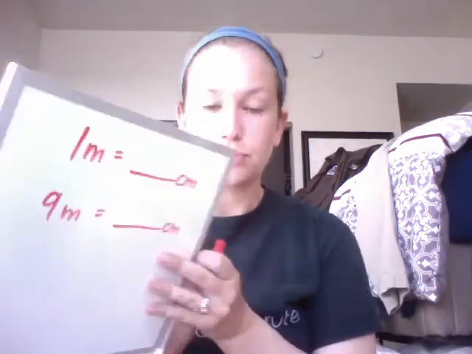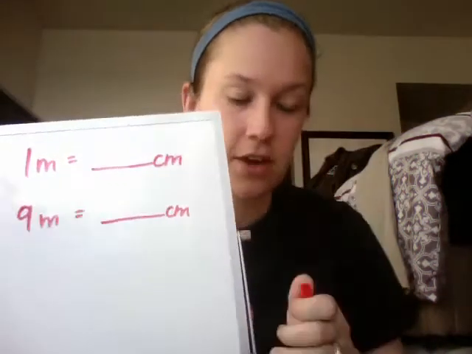Okay, this time, what does it want? It wants us to figure out how many centimeters are in 9 meters. Okay. So first, let's figure out, and we could draw a diagram.